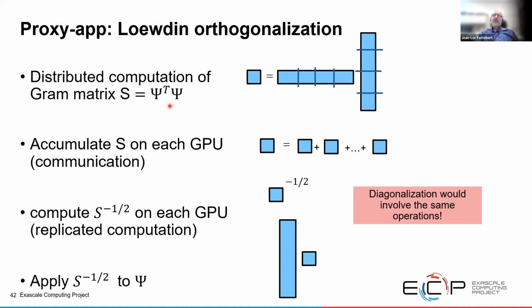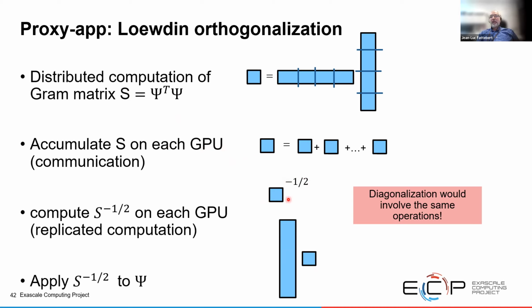If you have two tall and skinny matrices, you have to take the product between all the columns of these matrices, which gives you the Gram matrix S. You then need to accumulate these matrices across MPI tasks, take the inverse square root of that matrix, and then apply it to a tall and skinny matrix.